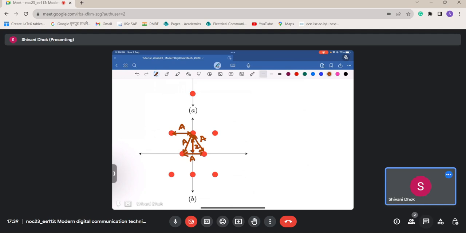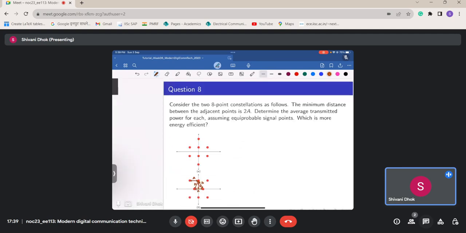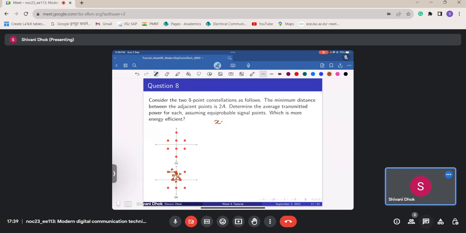So this x will be a square minus a square by 4.